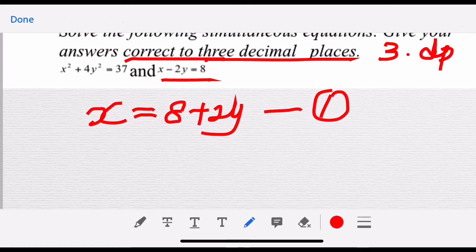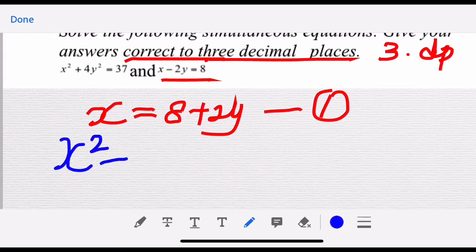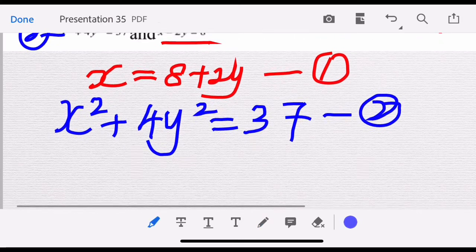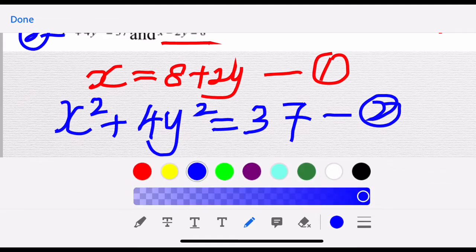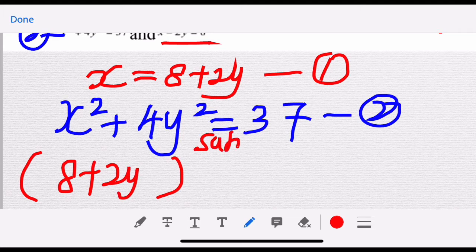Number 2 is x squared plus 4y squared equal to 37. So let's substitute carefully. When I see x, I will substitute with 8 plus 2y. So we write sub 1 into 2.